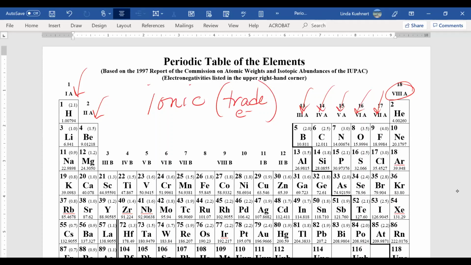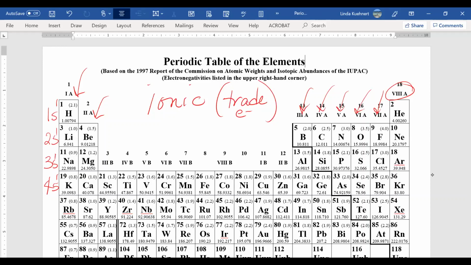Hydrogen's valence electron is in a 1s and it has 1 electron. Lithium is in a 2s, has 1 electron. Sodium is in a 3s, has 1 electron. Potassium is in a 4s, has 1 electron, etc. So down this whole group or family, they all have 1 valence electron.